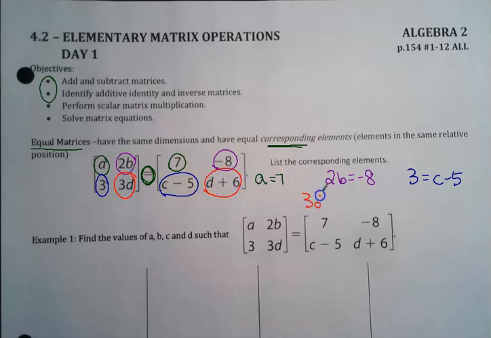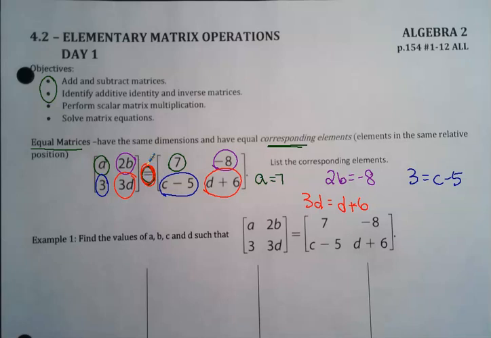Sorry, D plus 6, my goodness. So 3D equals D plus 6. Those are the corresponding elements. And they're equal, which is why we can put the equal sign in between them.